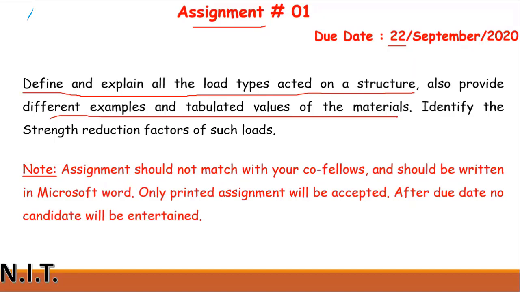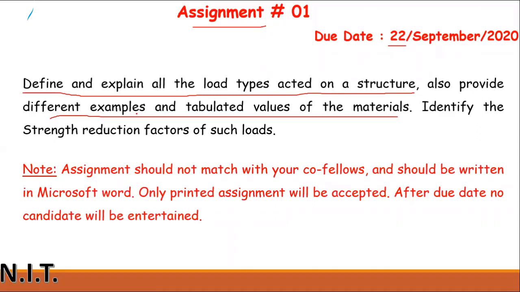For example, if you decide to provide the dead load of the building, then what will be the value of the dead load? This is just an example. And which things are to be counted in dead load? If I am standing in a building, my load will be which type of load on a building?